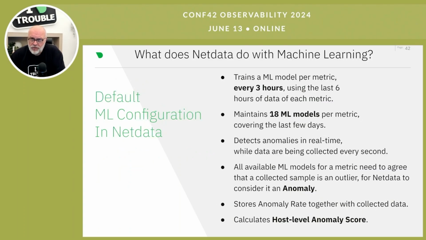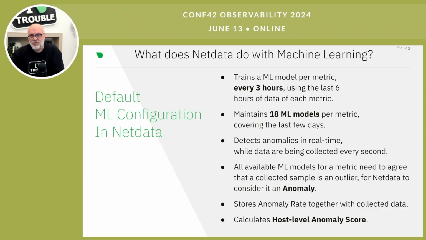So what do we do in Netdata with machine learning? The first thing is that we train a model per metric every 3 hours for 6 hours of data. To be more precise, we train 18 ML models per time series.